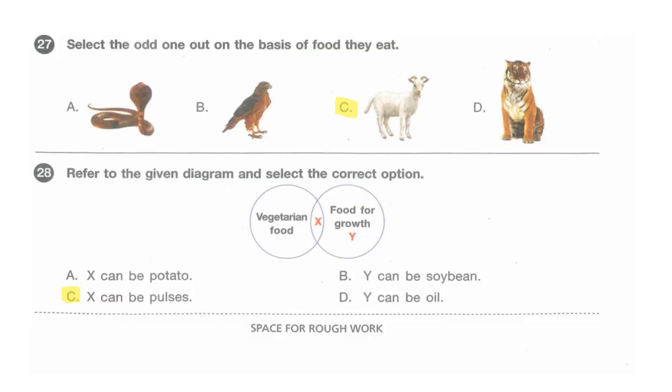So the answer is X can be pulses, because pulses is a vegetarian food and also it's food for growth. Answer C.